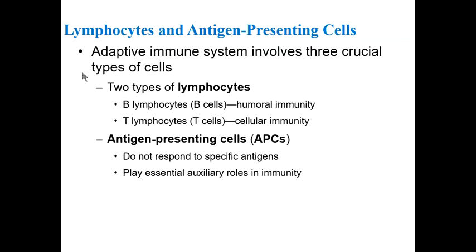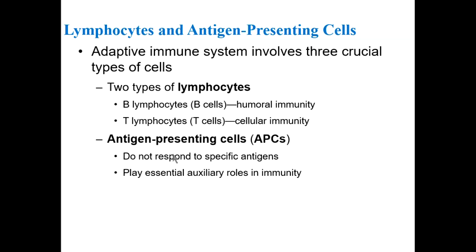So our third line of defense, or our adaptive immune system, involves three crucial cell types. The ones we know already but haven't really covered in detail, but we will, are two types of lymphocytes, B and T lymphocytes, which correspond to humoral and cellular immunity respectively, and something we haven't yet seen, antigen-presenting cells, or APCs, that do not respond to specific antigens.